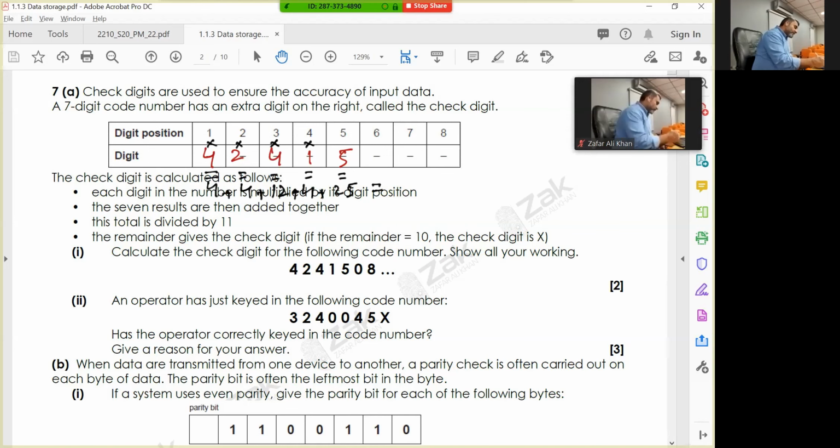That is 4, 4, 4, 12, 12 plus 12, 24, 24 plus 25, 49. And then this 49 will be divided by 11.